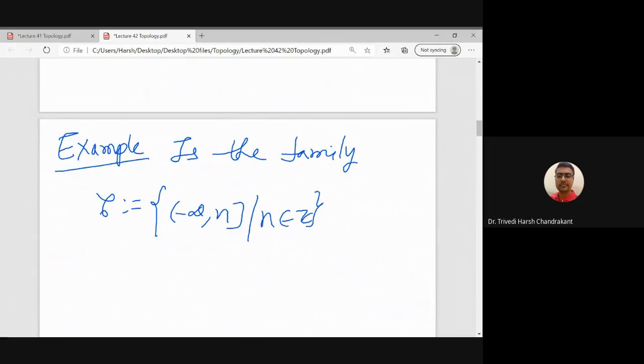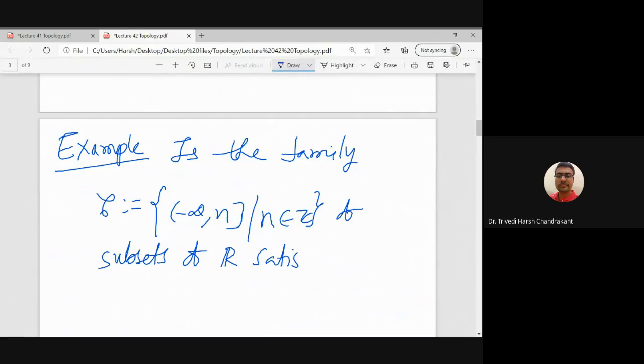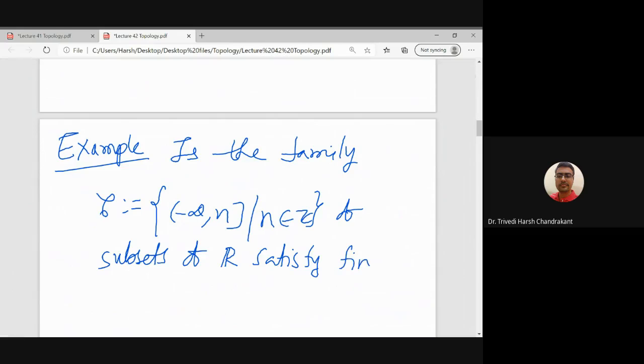Does this family of subsets of R satisfy the finite intersection property?